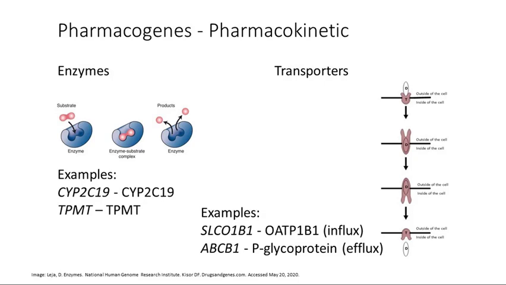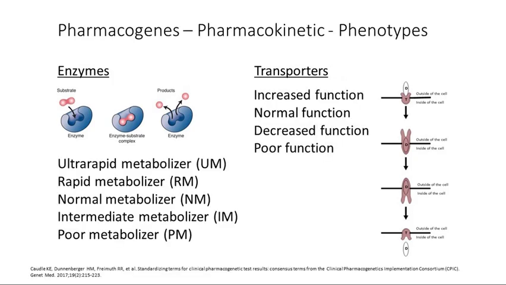So in that context, we want to think about different categories of individuals' ability to metabolize medications. We have standard nomenclature now for the phenotype, how an individual is going to express their metabolism. We have these 5 different phenotype categories for metabolism: the ultra-rapid, rapid, normal, intermediate, and poor, going from most efficient elimination, the ultra-rapid, to the least efficient, the poor metabolizer.